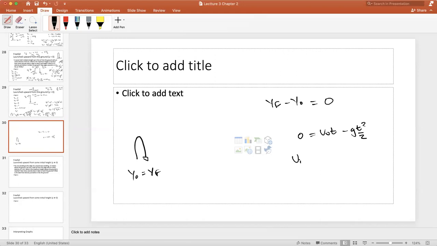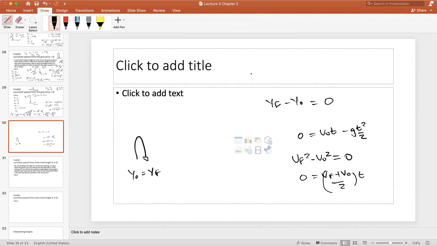And v final squared minus v initial squared is equal to zero. And zero is equal to v final plus v initial over 2 times t. Anywhere that you have that, you see that what you get is much simplified equations.